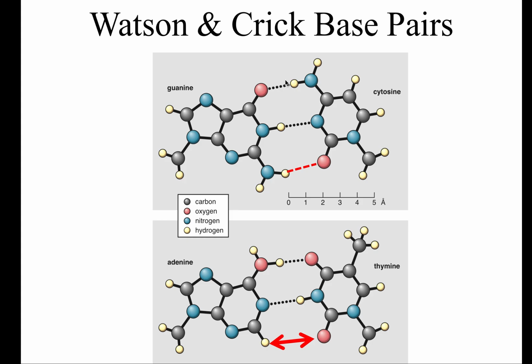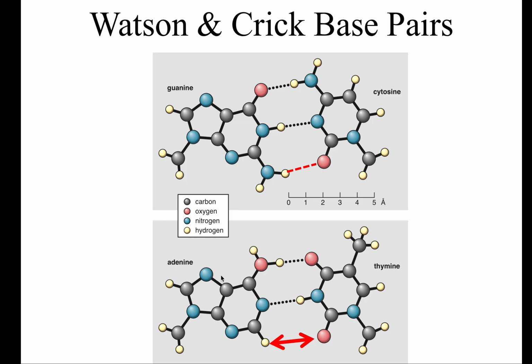So that's actually an important detail, because later in the class and in lab you're going to talk about a technique called the polymerase chain reaction, where it's important to know the composition of your piece of DNA to know how much energy it's going to take to separate your strands of DNA. And separate the strands means separate this from this. So this is on one strand, this is on another strand.